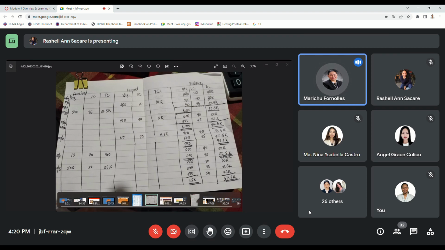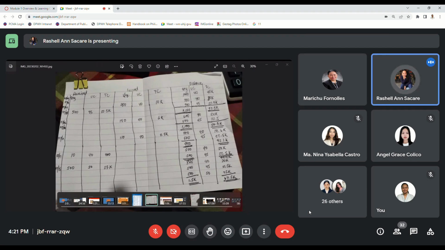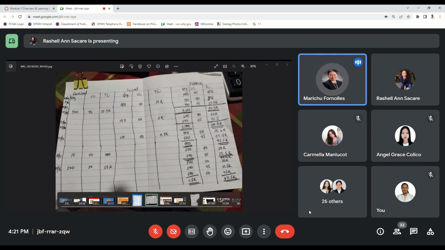Ni-end ta sa July 6, no? Kutob ta sa July 6. So mag-10 na ta. Sige ha, July 10.